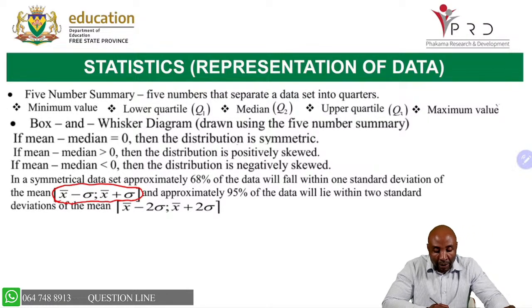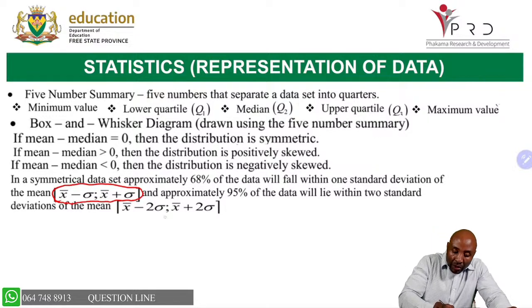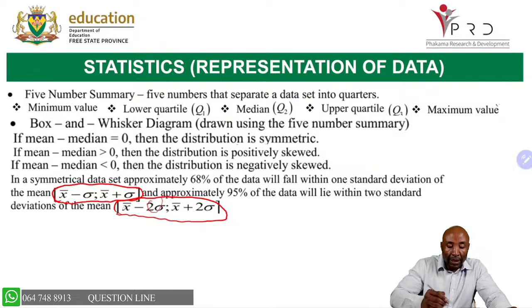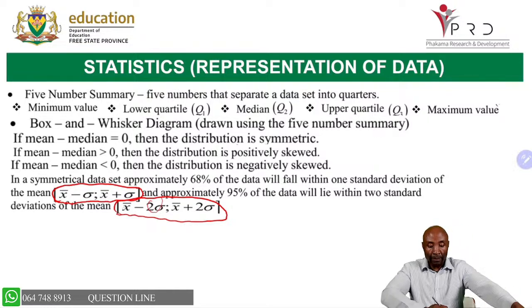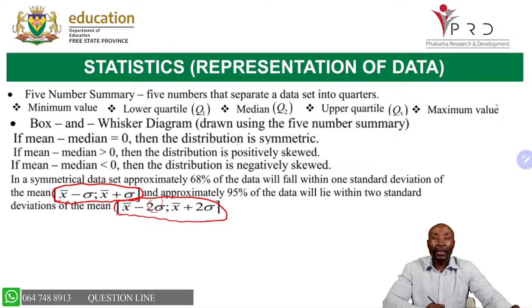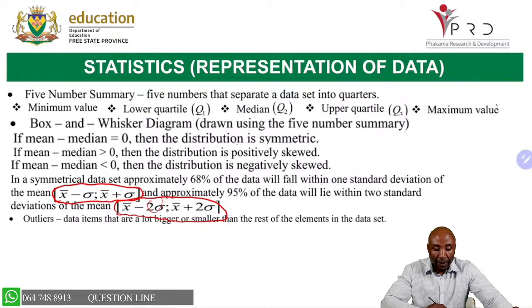And we know that approximately 95% of the data will lie within 2 standard deviations of the mean. So we multiply our standard deviation by 2, we calculate our mean, we subtract, and then we add so that we get our interval. We go to our data set, and we count the number of data items that fall within 2 standard deviations of the mean.